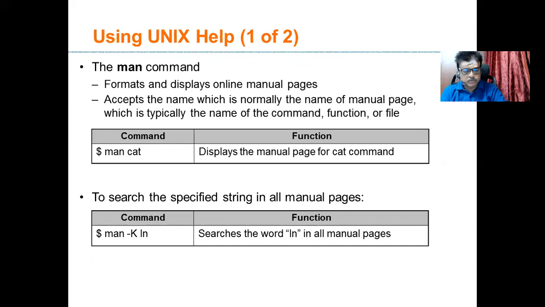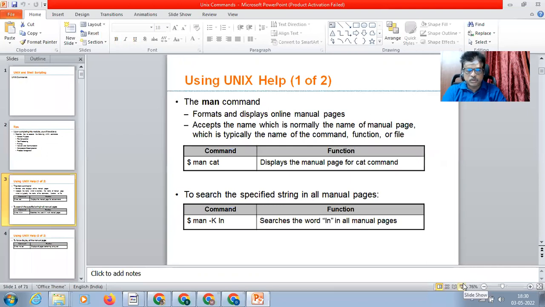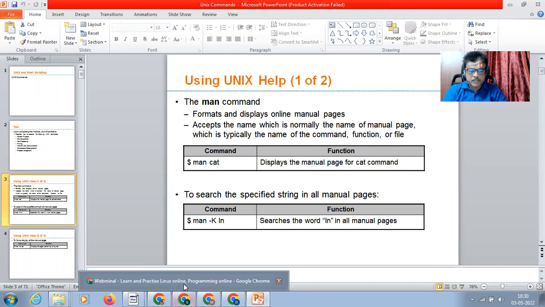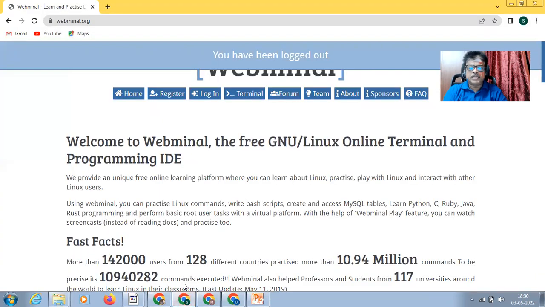Now let me go to my Unix prompt. Let us open Webminal. In Webminal, how we are able to register, I have already given. It's very simple. Click on register in webminal.org.